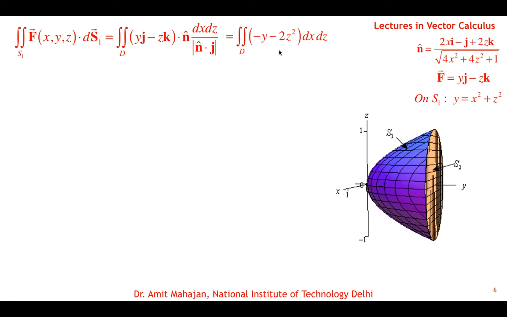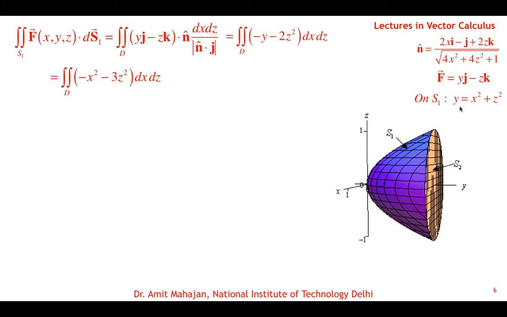So we'll only get this, which is with x and z, so we have to first eliminate y from here. We are working on this surface, so y can be substituted as x square plus z square, so we can rewrite this as minus x square minus 3z square.